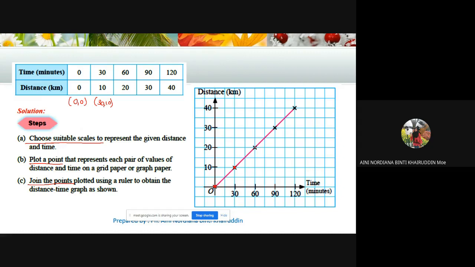Lepas tu 60, 20. Lepas tu 90, 30. Last one 120, 40. Ni step yang kedua, plot point. Step yang ketiga, join the point. Garis saja, garis lurus. Dah siap. Distance time graph settle. Senang ni kan? Yang penting kena ada table. Table ni dalam exam dia akan bagilah.